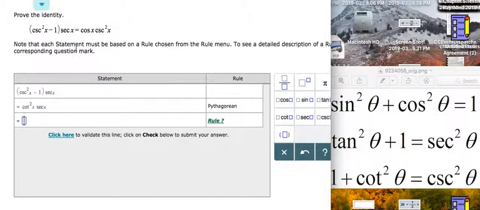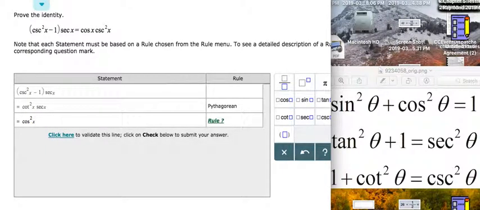Our goal is eventually to have a cosine and a cosecant squared. So we could rewrite cotangent with what cotangent is. Cotangent is cosine over sine.